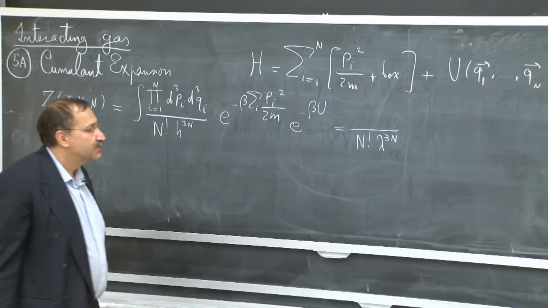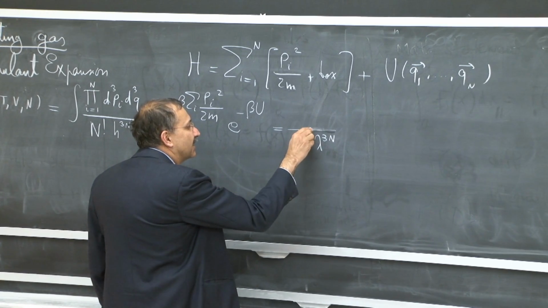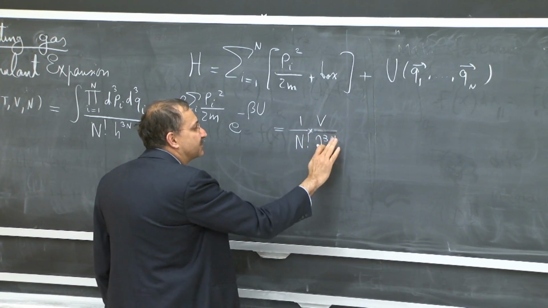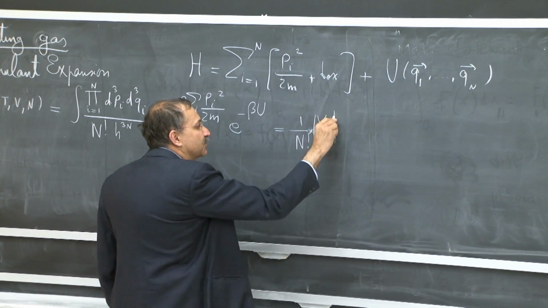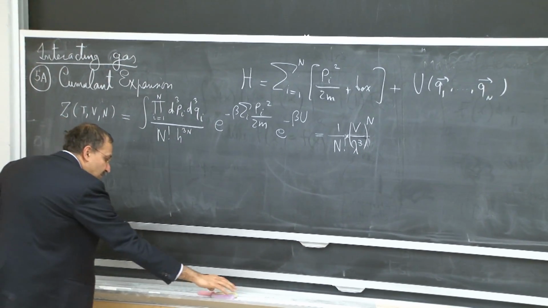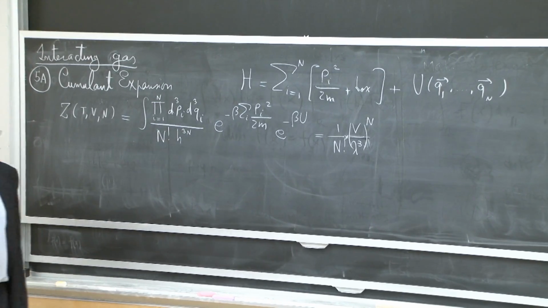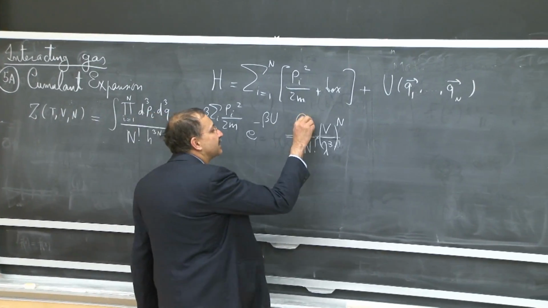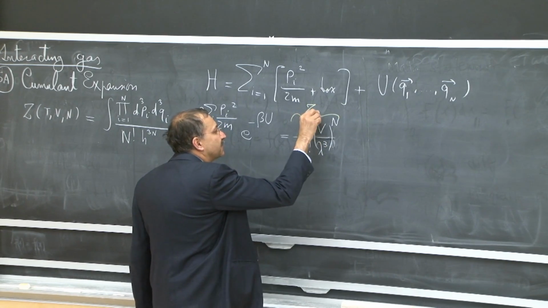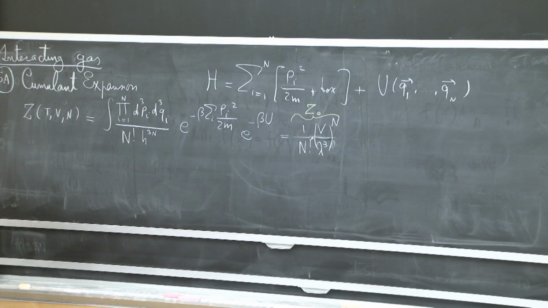And actually, sort of keeping in mind the result that we had for the case of the ideal gas, let's rewrite this as V over lambda cubed to the power of n. So I essentially divided and multiplied by V to the n so that this part becomes the partition function that I would have had if u was absent.